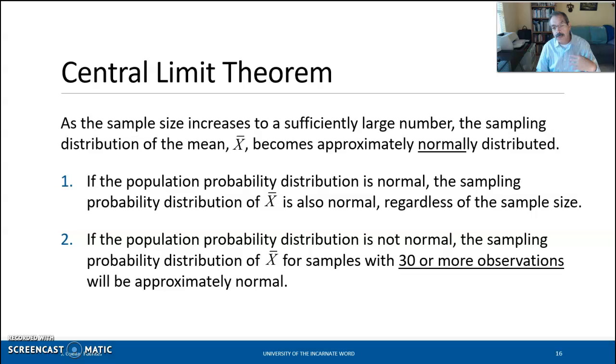Now, if the population probability distribution is not normal or its shape is not known, the sampling distribution of the mean will be approximately normal as long as the sample size is 30 or more. So once we see that we have samples of 30 observations or more, then we can safely assume that the sampling distribution is normal.